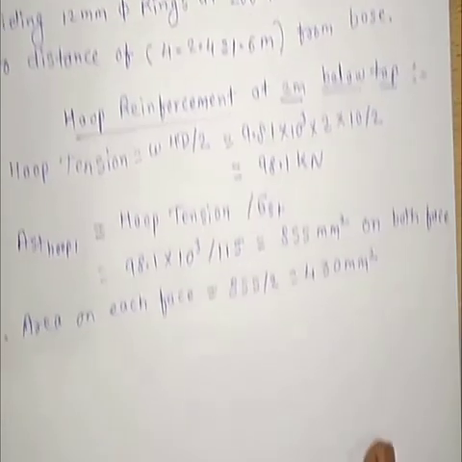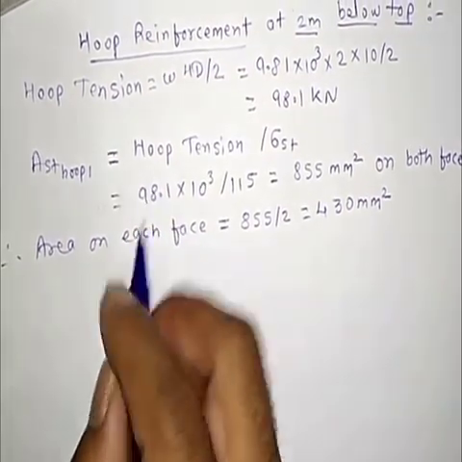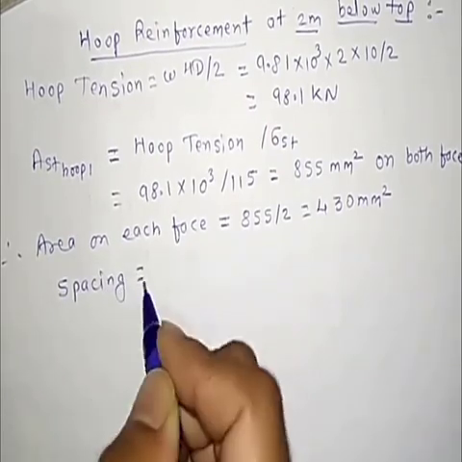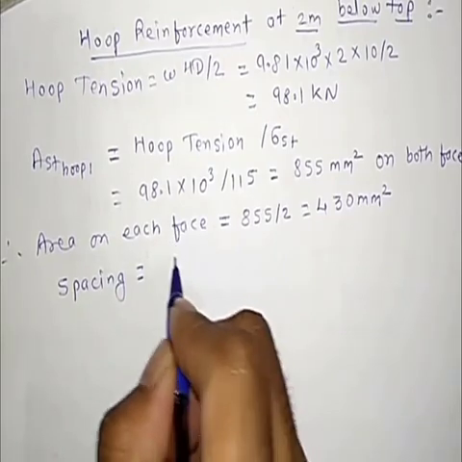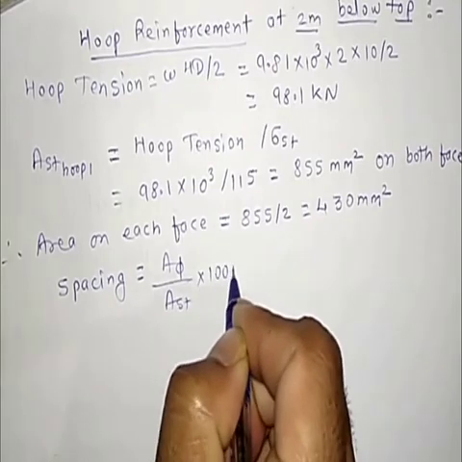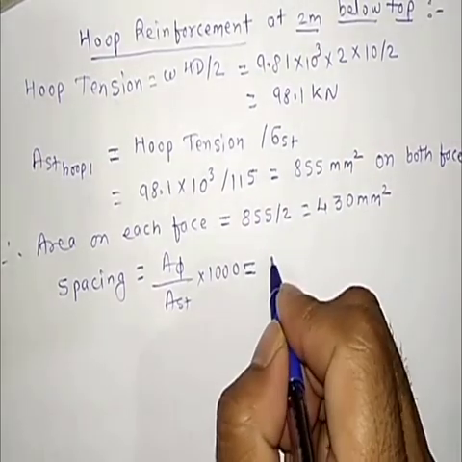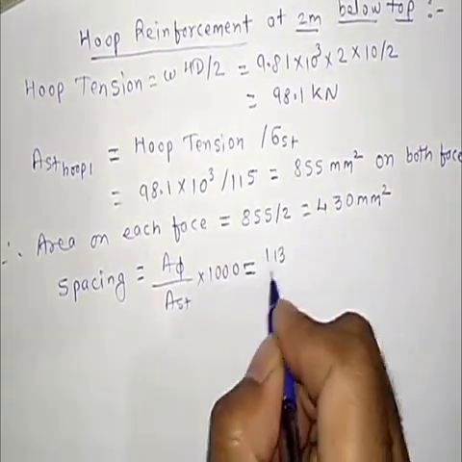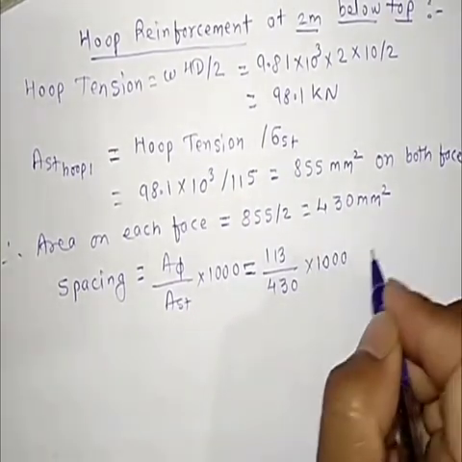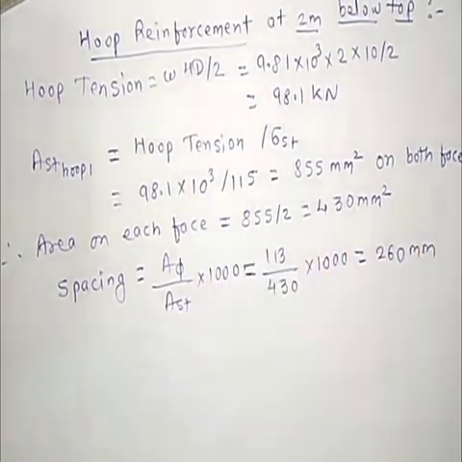So again you need to calculate the spacing, just like in the above step. Spacing will be equals to, we are going to use the same 12 mm diameter ring, area of 1 bar divided by AST multiplied by 1000. So this is 113 divided by 430 multiplied by 1000. So you will get around 260 mm.